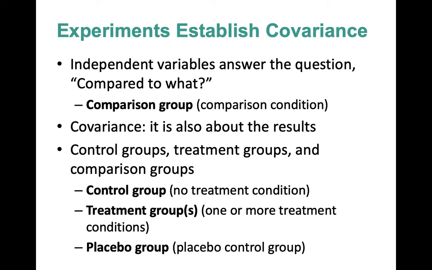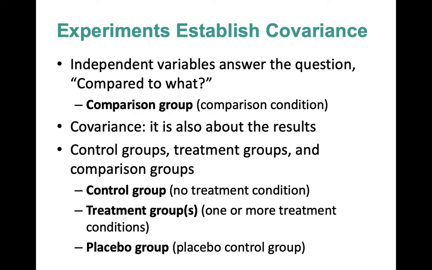All right. In terms of doing these comparisons, we have different types of comparison groups that experiments can set up. A true control group is one in which a group doesn't receive any treatment at all.